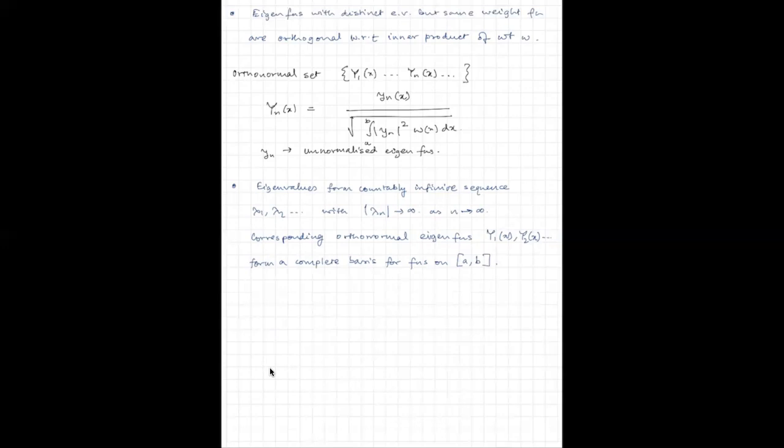So any function in this particular domain which obeys these boundary conditions can be written, again as we did for the things earlier, as the sum of fn yn(x), where fn is given as the integral from a to b of yn star(x) f(x) with the weight function w(x) dx, which is just yn of f with the weight w.